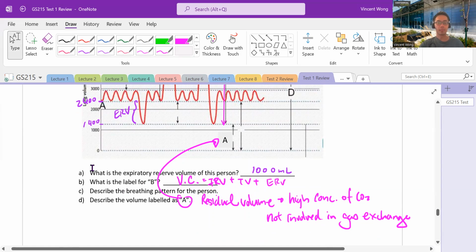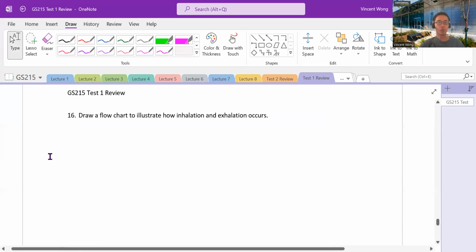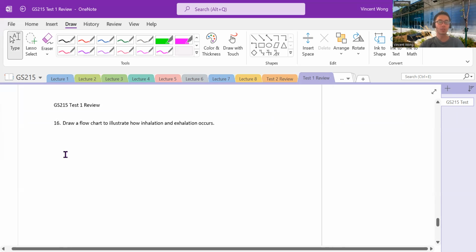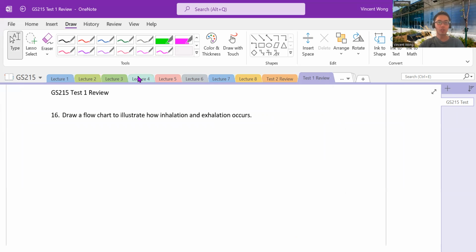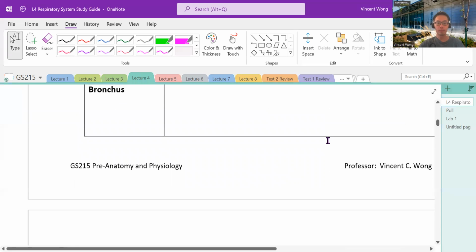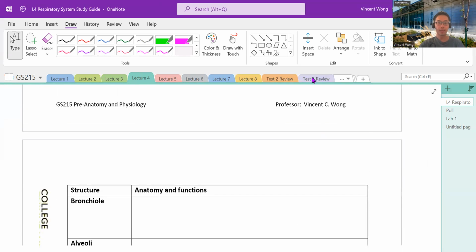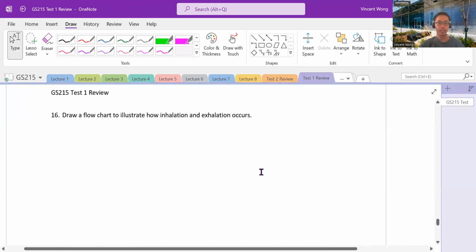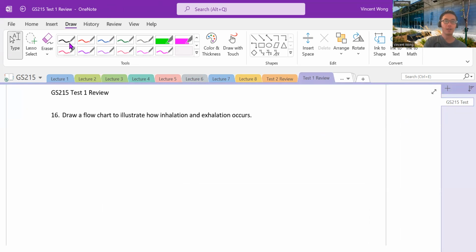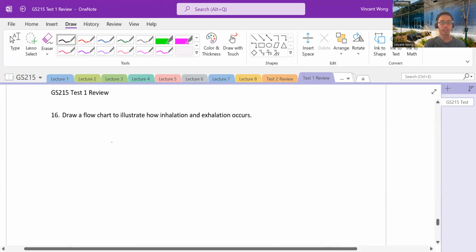Okay, moving on. Draw a flowchart to illustrate how inhalation and exhalation occur. I think in the lecture we did inhalation. Oops, the whole thing is gone. I don't know why, but I believe we did inhalation, so I'm going to do exhalation for a change. All right, so this is the diagram that we have.